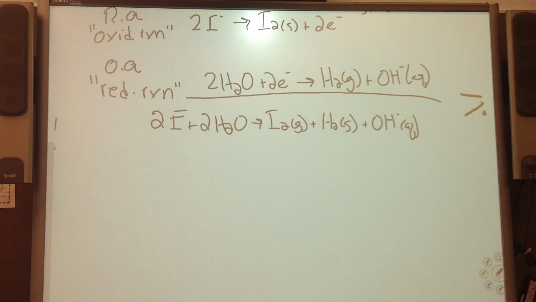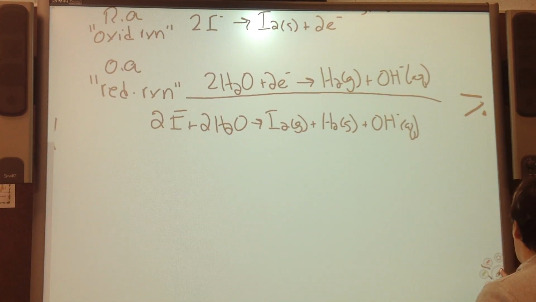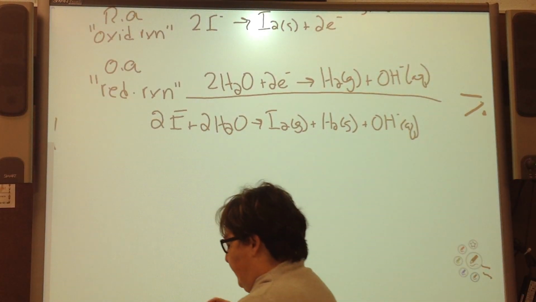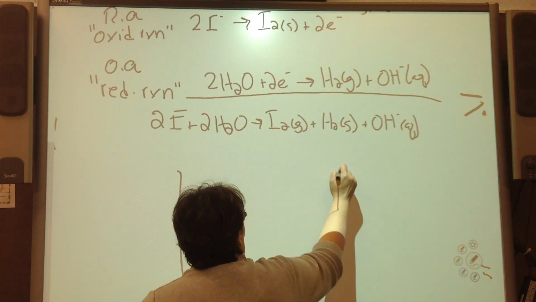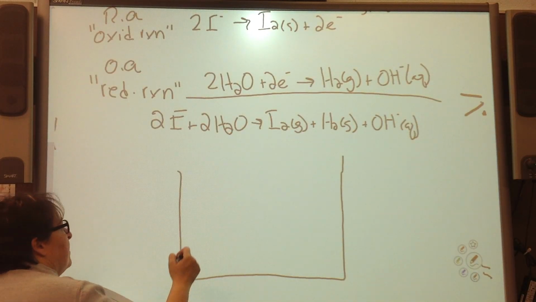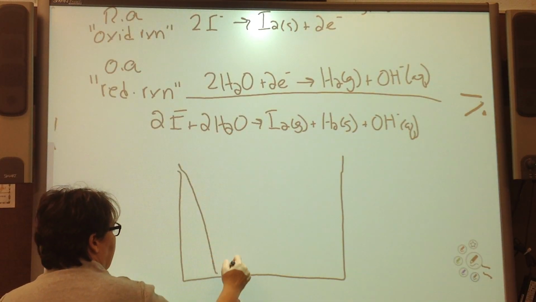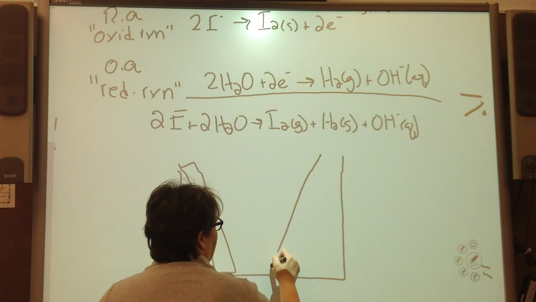Okay. And now we're going to look at the diagram. So we're going to do this just a little bit differently. We're going to do our cathode, or our electrode. Let's use that term instead.